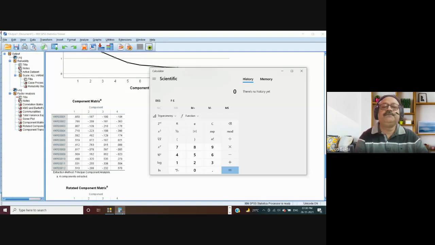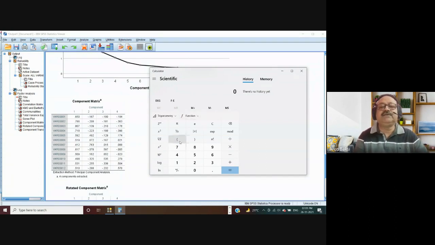Let me check at least one communality, and then you will understand how the communalities are computed. It is the sum of the squared values of the unrotated component scores for each variable.